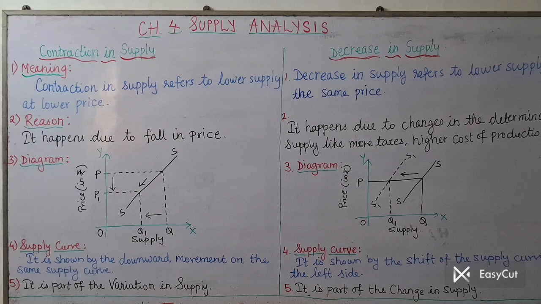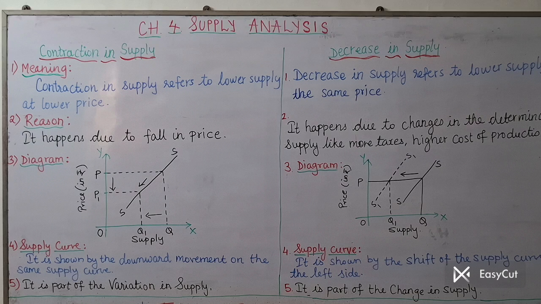And behind the decrease in supply, the reasons are different. Decrease in supply happens due to changes in the determinants of supply, like more taxes, higher cost of production, etc. Let me explain it further. Whenever taxes are more or the cost of production rises, the seller's profit percentage is cut down.